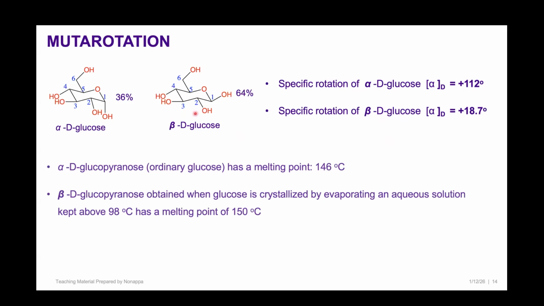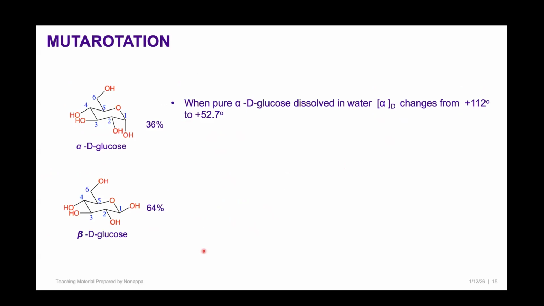If you isolate the pure beta form, you can obtain it by dissolving the sugar in water and crystallizing it by heating at 98 degrees Celsius. Then you will get another form, the beta form. It has a melting point of 150 degrees Celsius. Beta is always more stable, as we know in the case of glucose.